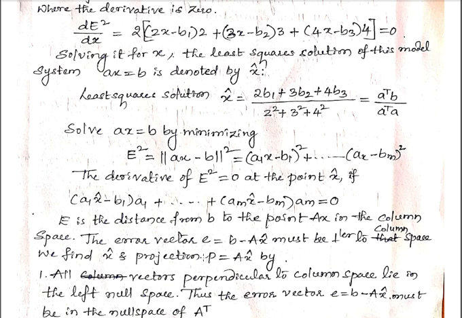There we were writing that the orthogonal vector to the column space is the left null space, and that statement is used for solving these least squares kinds of problems. So this E must be in the null space of A transpose.